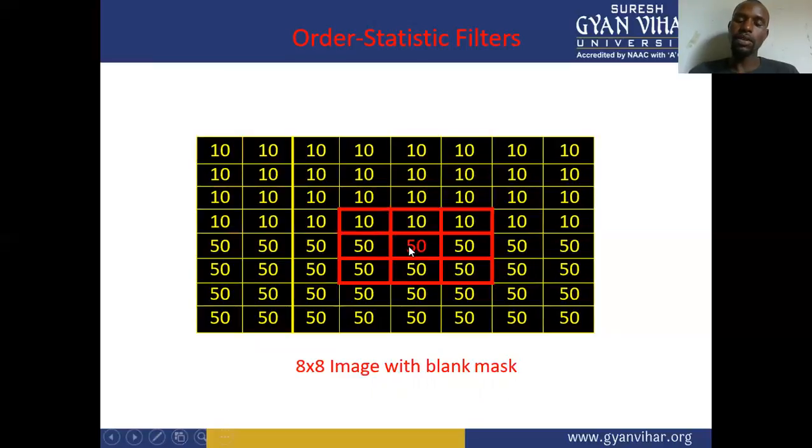So we have come to the middle value where we had our middle value. The middle value for this image was 50. In this case, for this sliding window, we have our median value as 50.